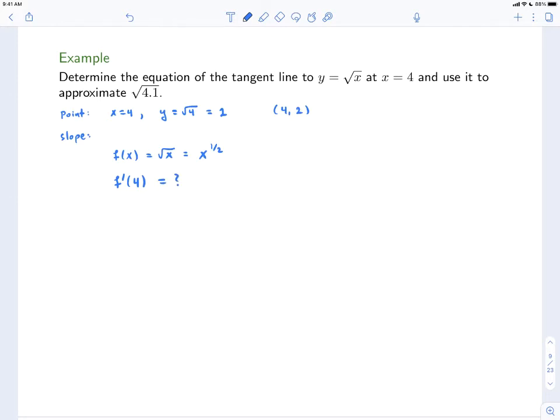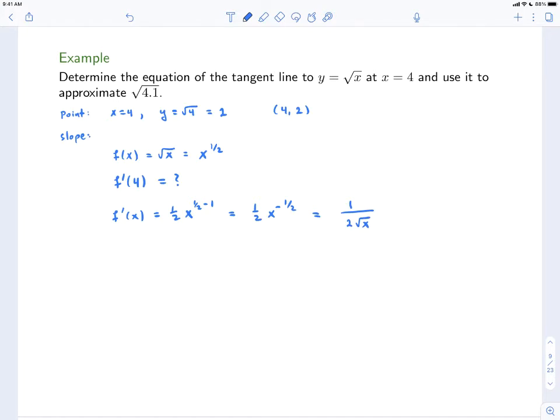In order to do that, of course, we need to use the power rule. So f of x is x to the 1/2, so f prime of x is equal to 1/2 times x to the, we decrease the exponent by 1, so it's 1/2 minus 1. So that means it's 1/2 times x to the negative 1/2, which is often more conveniently written as 1/2 times the square root of x.